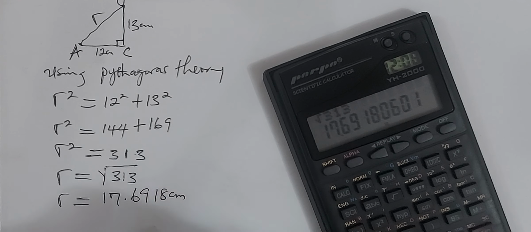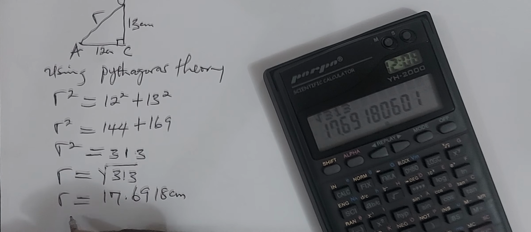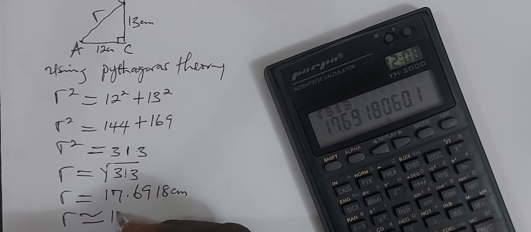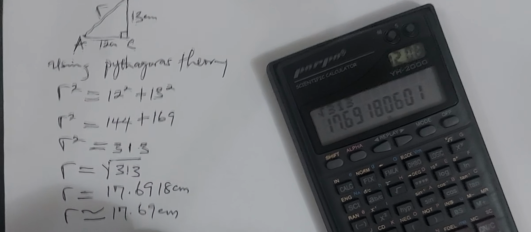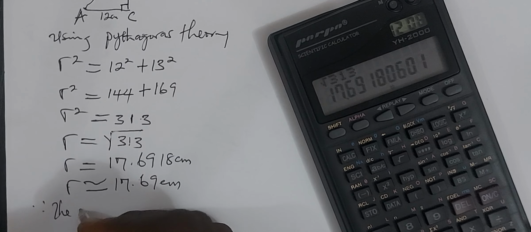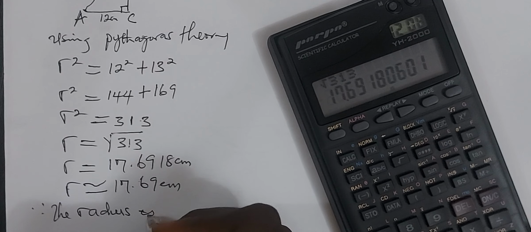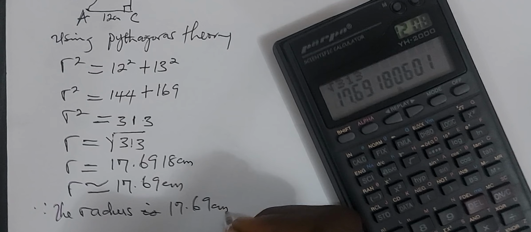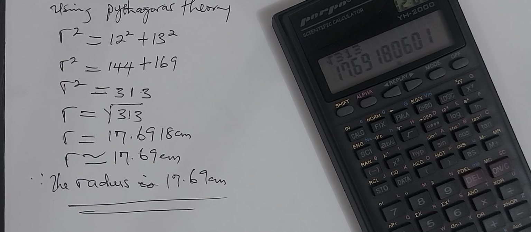But you can approximate it to two decimal places. You have your R is approximately 17.69 centimeters. Therefore, the radius of the circle is 17.69 centimeters. That solves the whole equation.